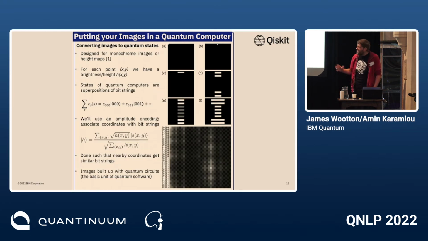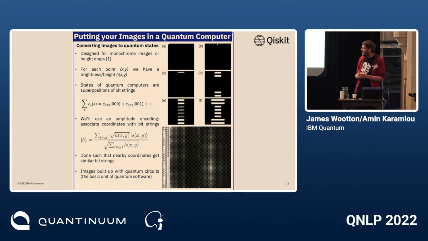So, some of the details. Quantum blur works on monochromatic images. An image is a set of pixels, and each of those pixels has a brightness. If you assign a bit string to each of those pixels, you can turn that image into a superposition using the amplitude as the brightness.